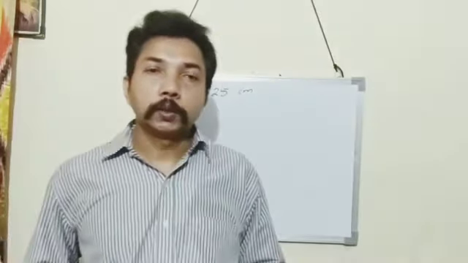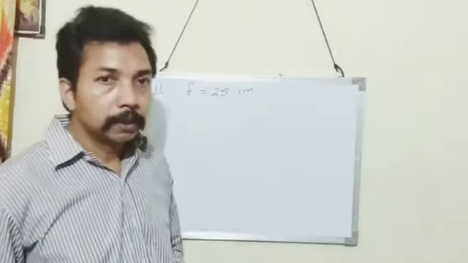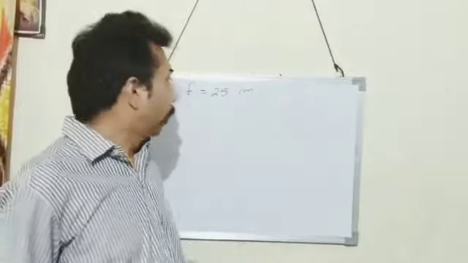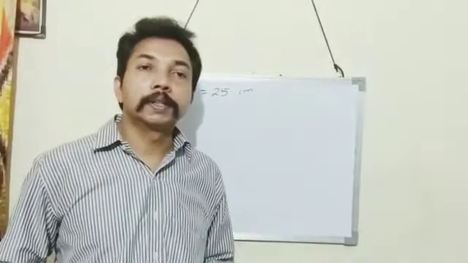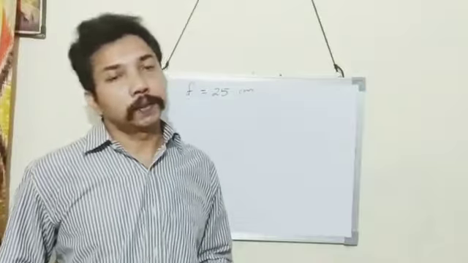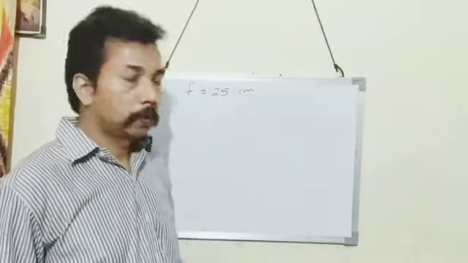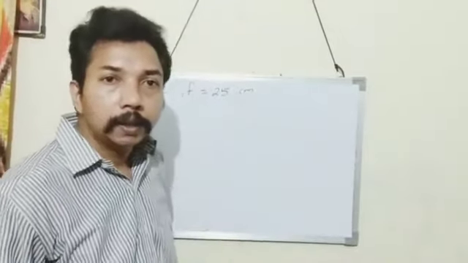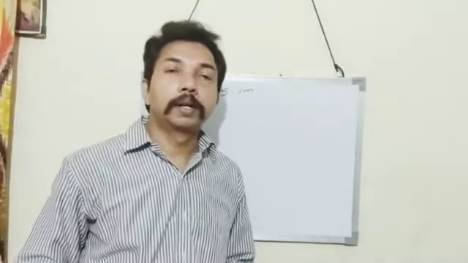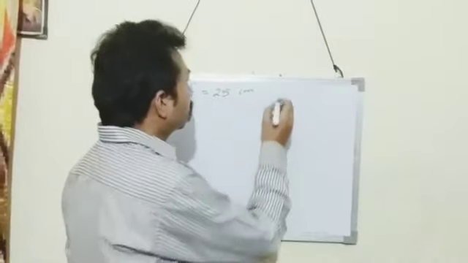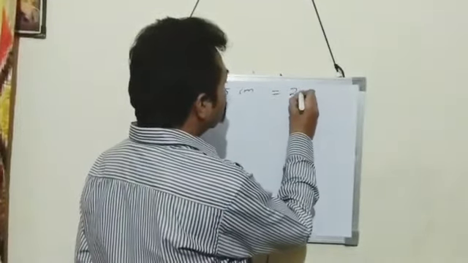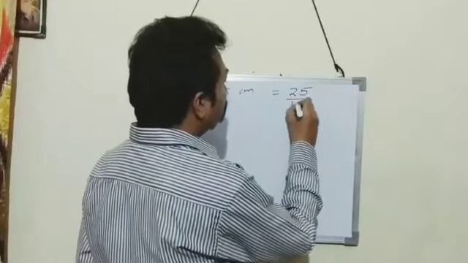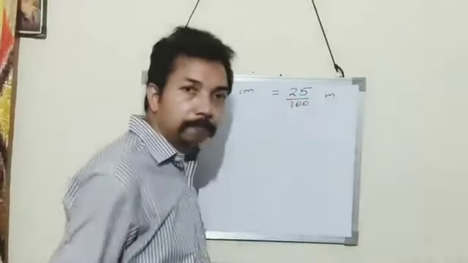Now we do the last question, that is question number 11. In question number 11, it is given that the focal length of a convex lens is 25 centimeter. Centimeter we have to convert into meter. So 25 centimeter is equal to 25 upon 100 meter.